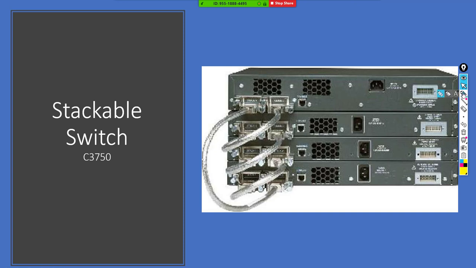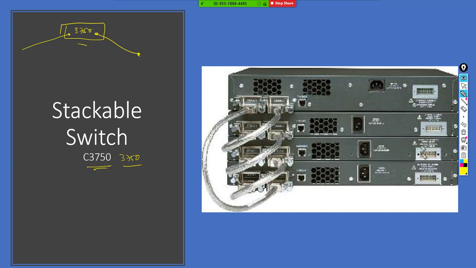Okay, these are the stackable switches which I was talking about. One best example is 3750. Now, what happens in a 3750 is, let's say I have one 3750. Something comes in and something goes out. So that is the default behavior.